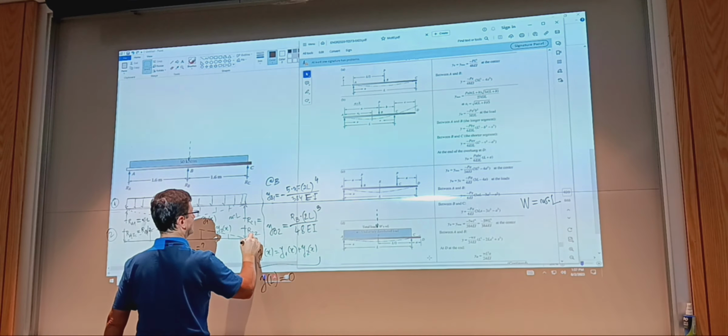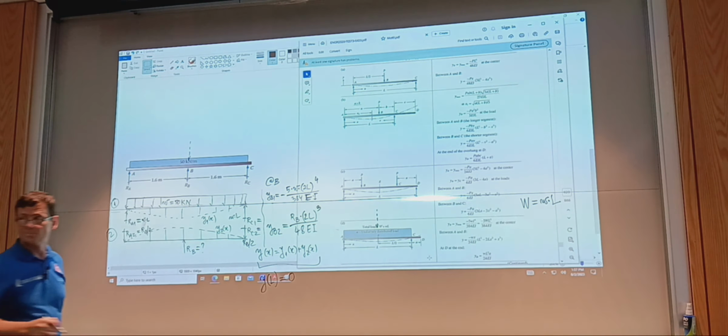And this other one, it's going to be RB over 2. Does it make sense?